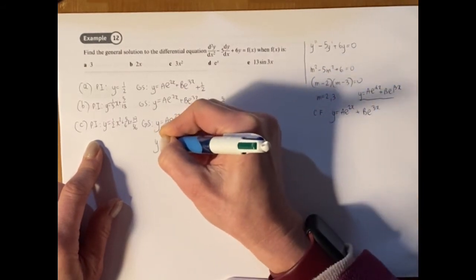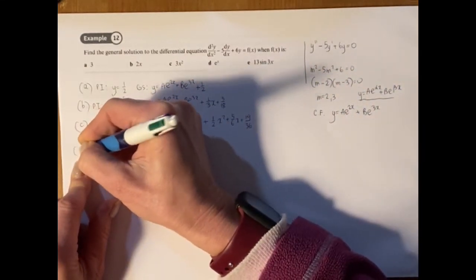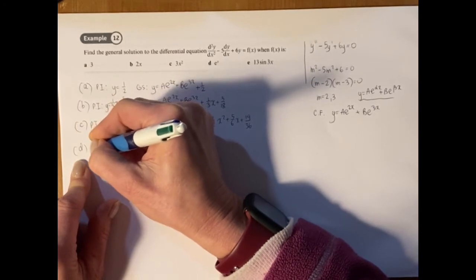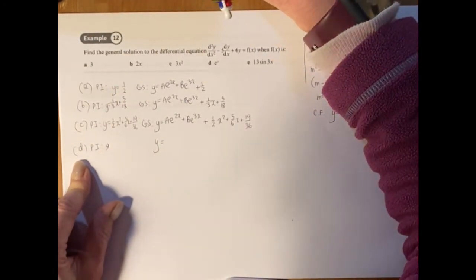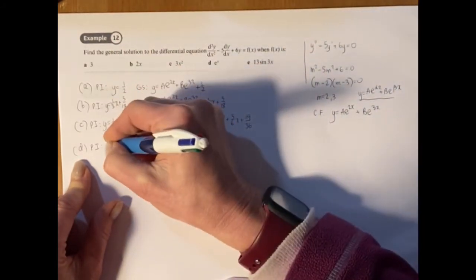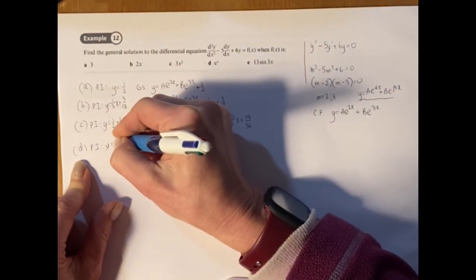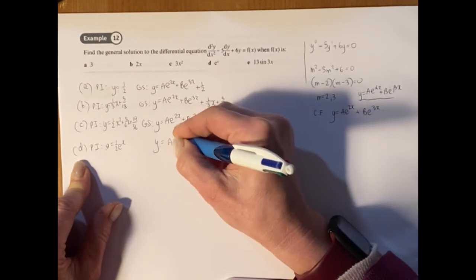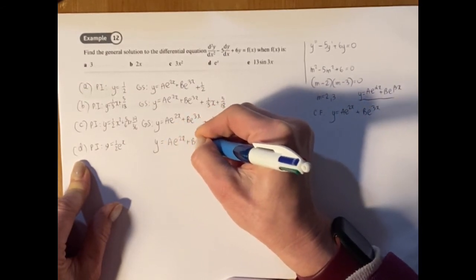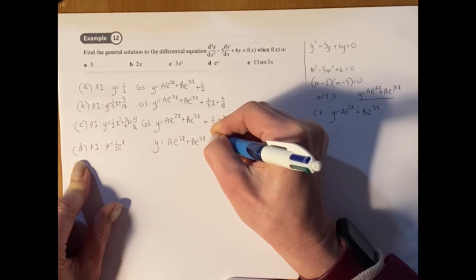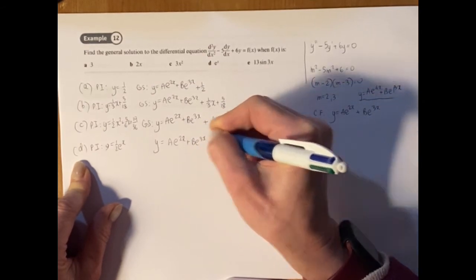Okay, let's just do part D. That was where we had e to the power of x. The particular integral that was found was a half e to the power of x. So it's a e to the power of 2x plus b e to the power of 3x plus a half of e to the power of x.